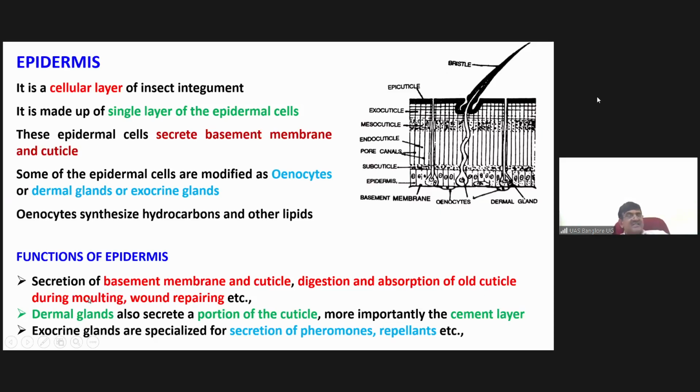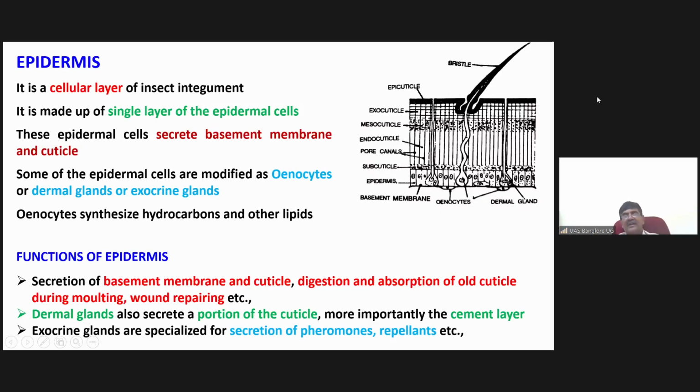In the next class we'll be studying the detailed steps in molting. So at least you know that they help in digestion and absorption of old cuticle. And also if there are some wounds formed in the insects, they help in wound repairing.